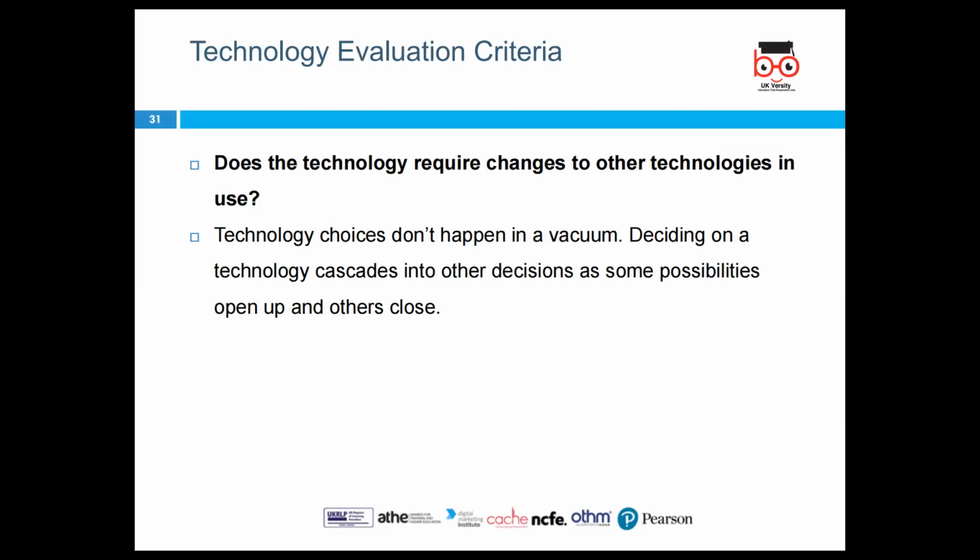Does the technology require changes to other technologies in use? We need to look into how this choice doesn't happen in a vacuum. We all know that changes have to go through a life cycle, the decision-making life cycle, and this could require weeks, months, or perhaps even years.